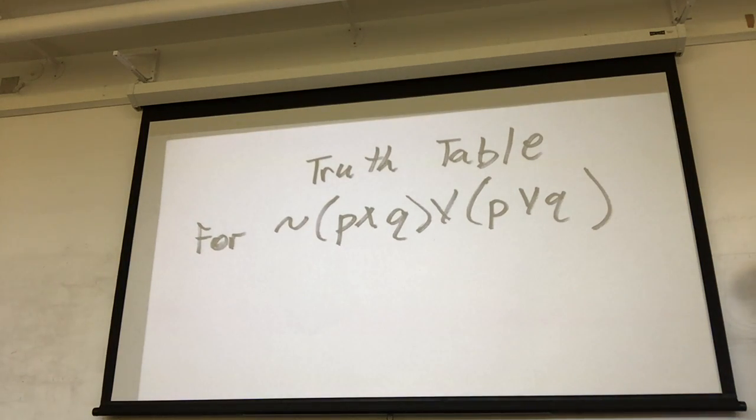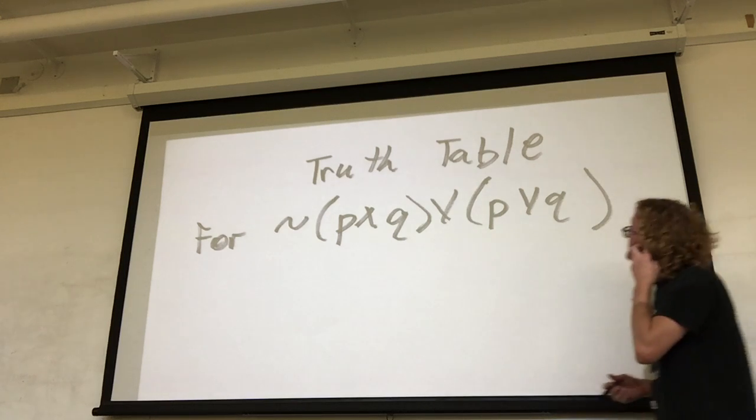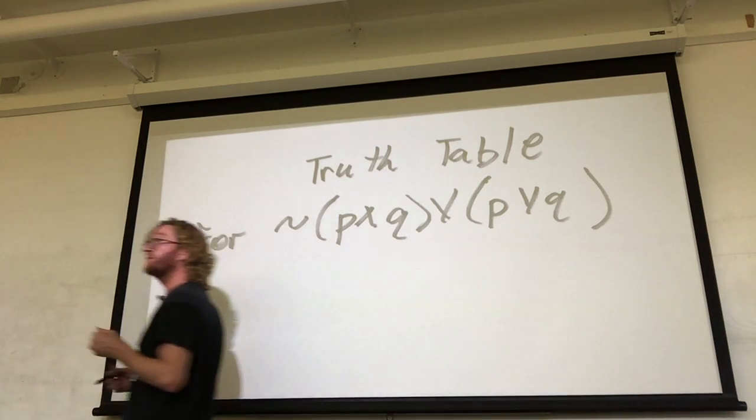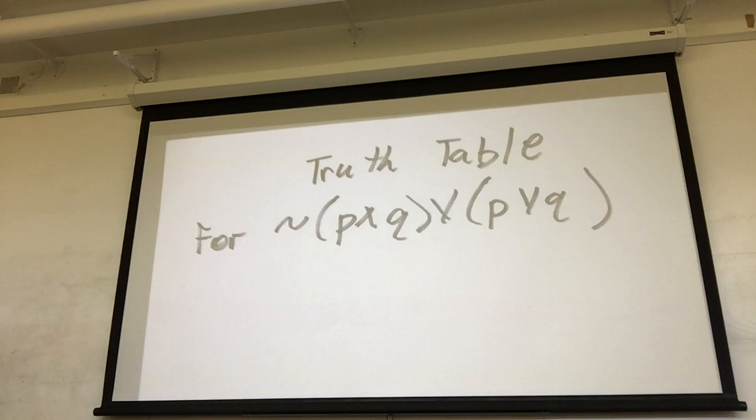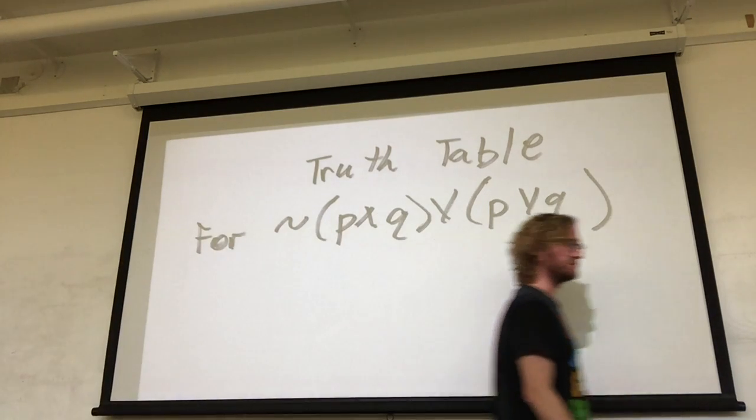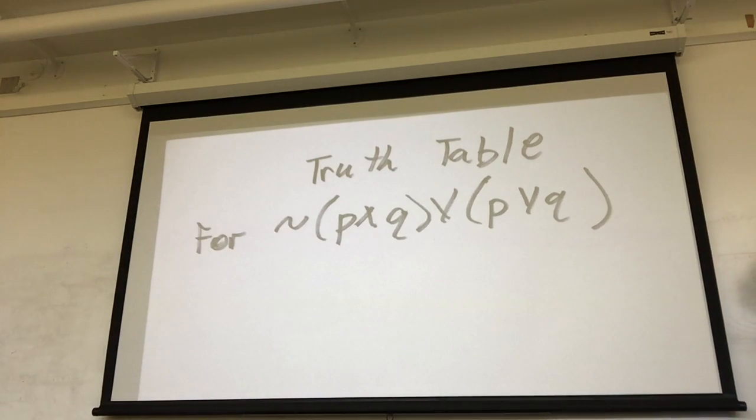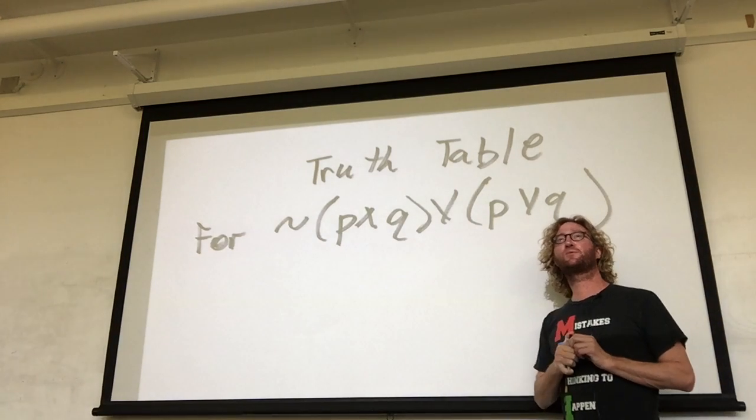Okay, so we're going to try to figure this thing out. So the negation of P and Q union with P union Q. Or I'll use intersection and union interchangeably with disjunction and conjunction. Wait a second to write that down. So we're going to go through this in steps.